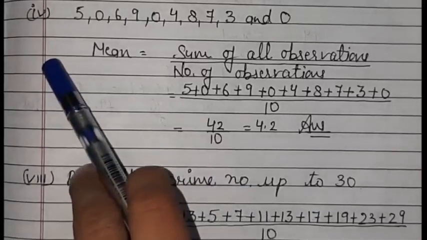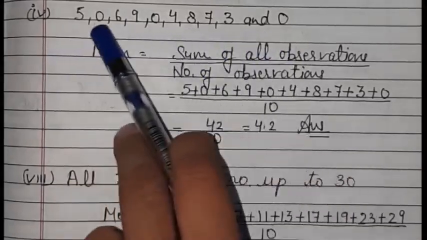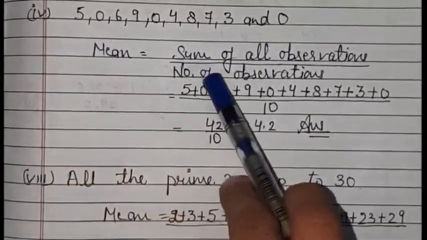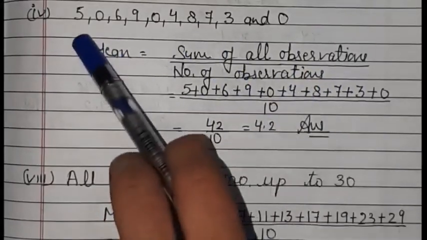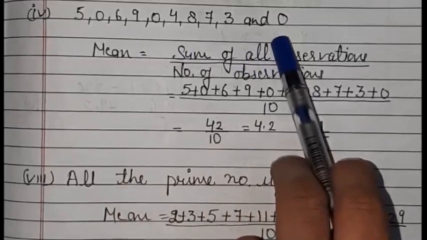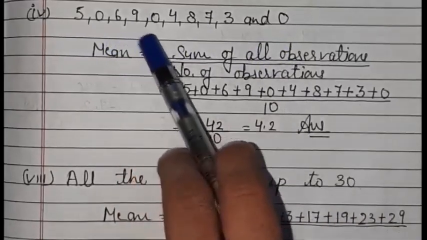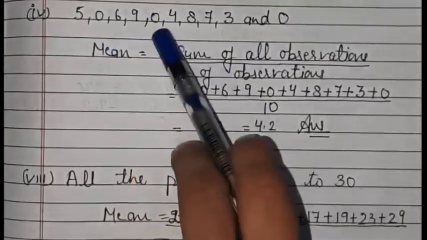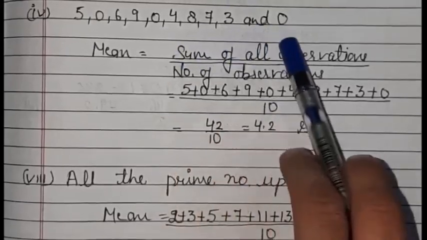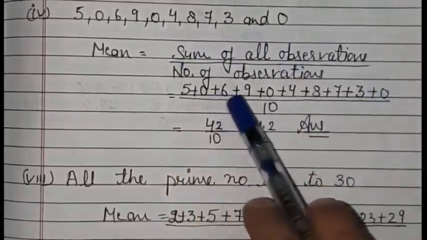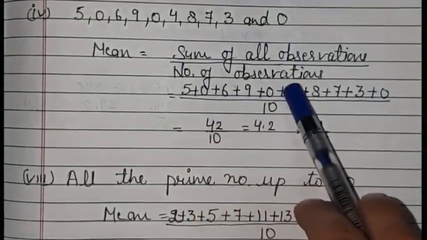Similarly, the fourth part, observations are given. First write the formula, sum of all observations upon number of observations. Add all these observations: 5 plus 0 plus 6 plus 9 plus 0 plus 4 plus 8 plus 7 plus 3 plus 0. Right? Divided by number of observations.